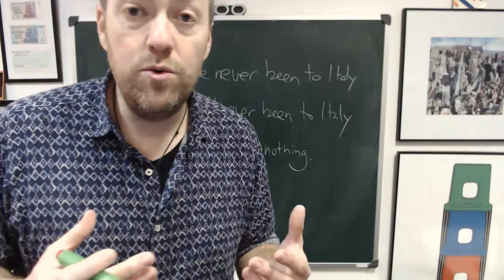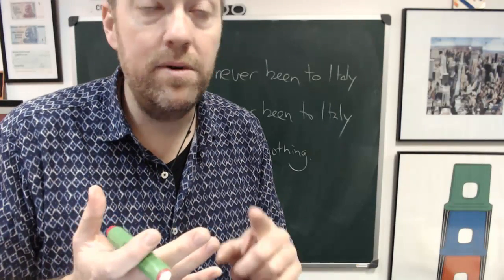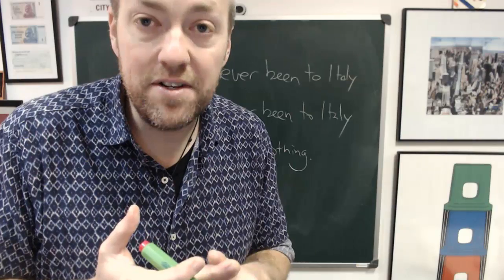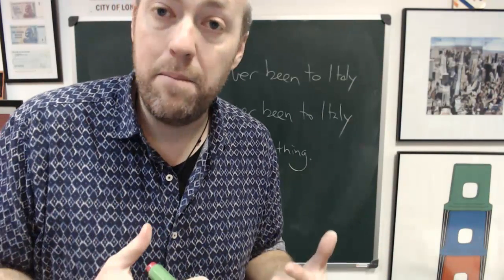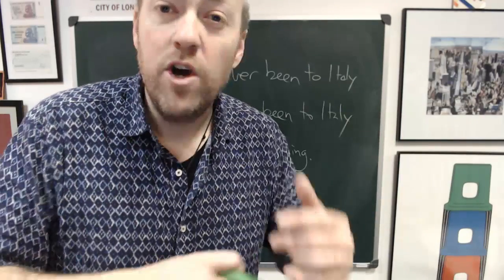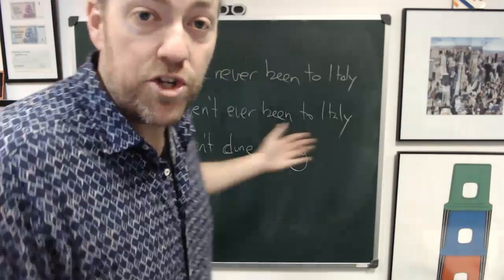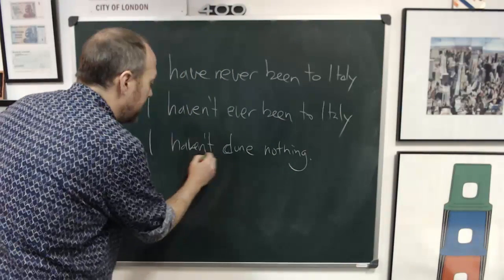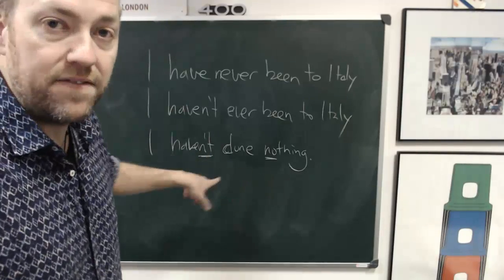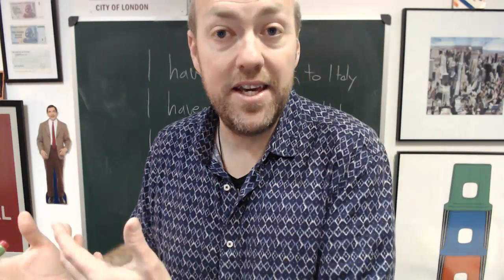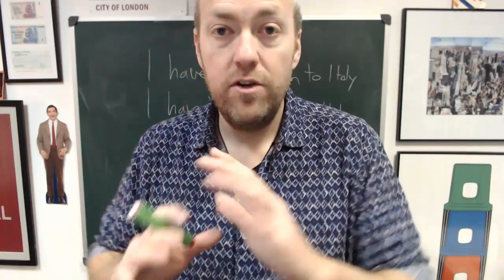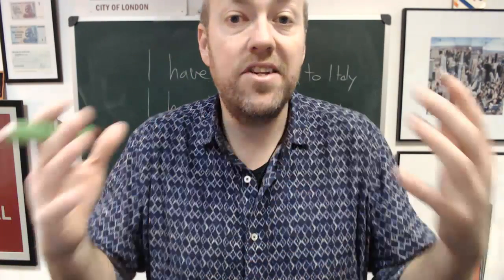Now, if you go to, for example, Birmingham or Liverpool or London, the south of America, Australia, all of the English-speaking countries in the world, there are dialects which have the double negative, two negatives. And in informal conversation, if you are speaking to these people, no problems. It is an accepted part of the dialect.